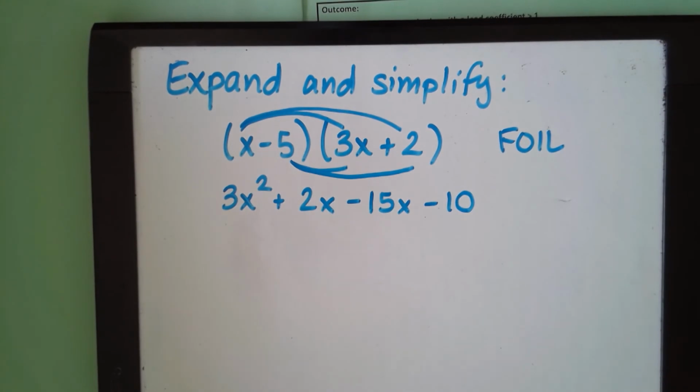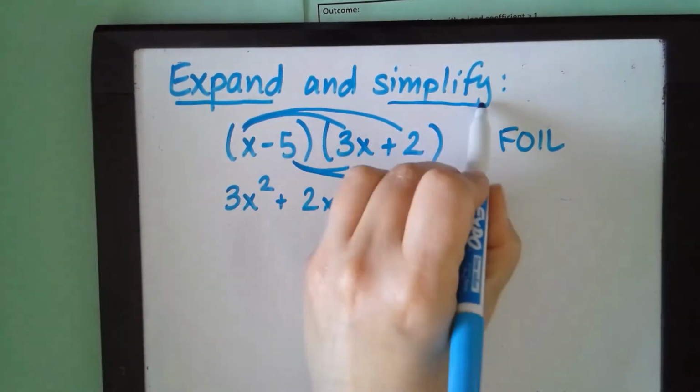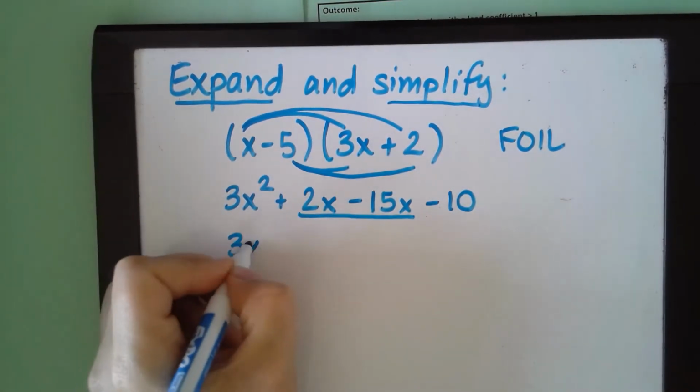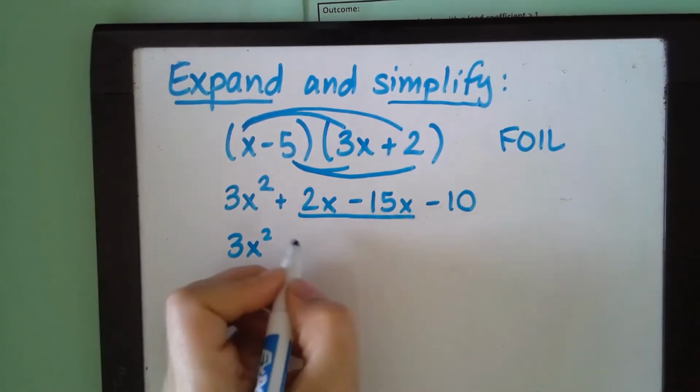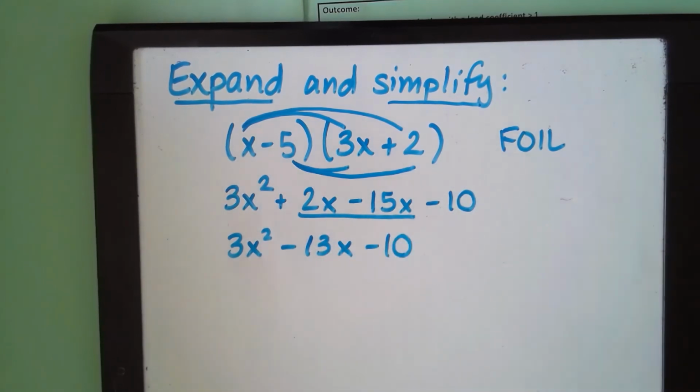Then we want to collect our like terms and simplify, because we've expanded and now we want to simplify. So let's combine our like terms here: 3x squared, 2x minus 15x is negative 13x, and minus 10.